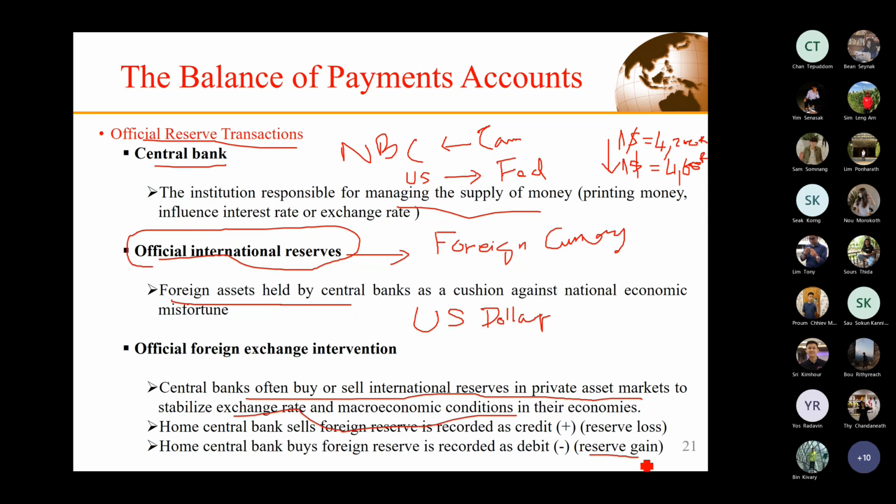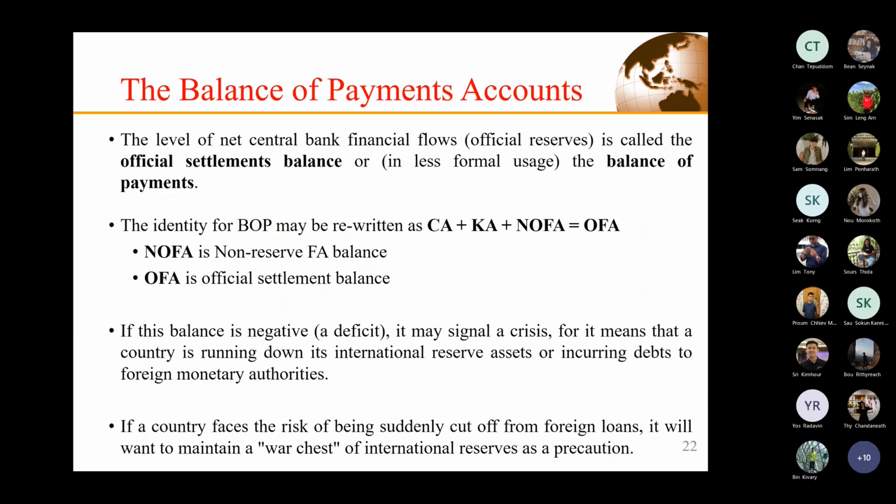Okay, so let's move to the next slide. The next slide is just a brief review of the balance of payments. The level of the net central bank financial flow, the official reserve, is called the official settlement balance.